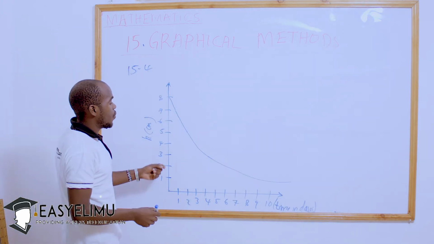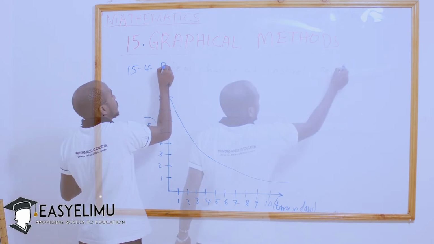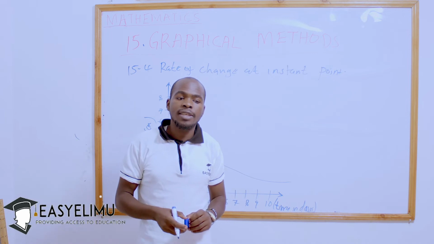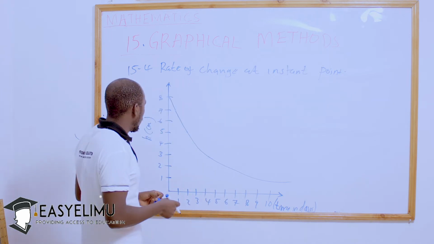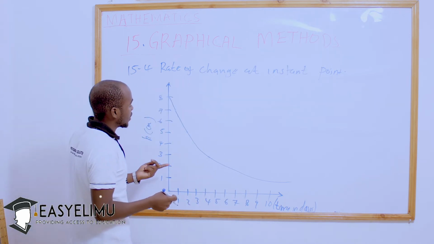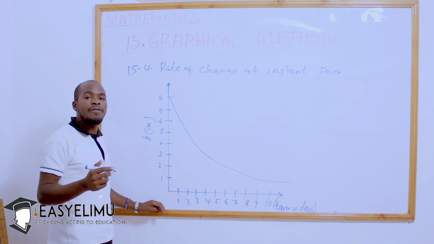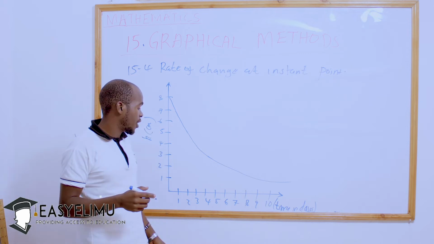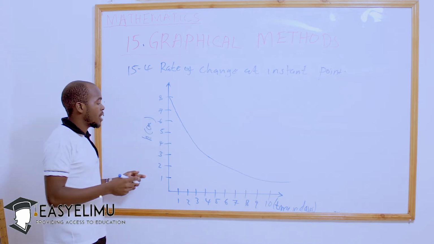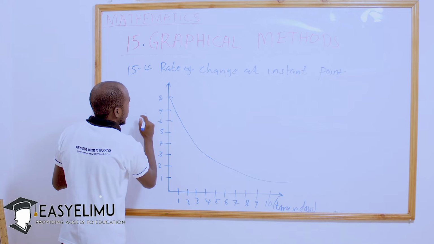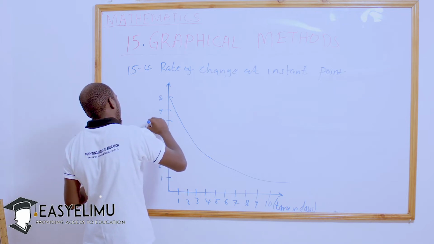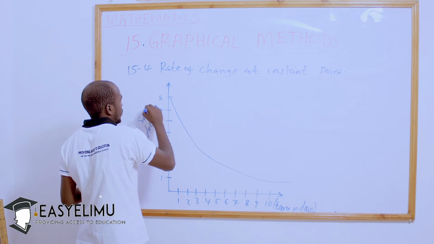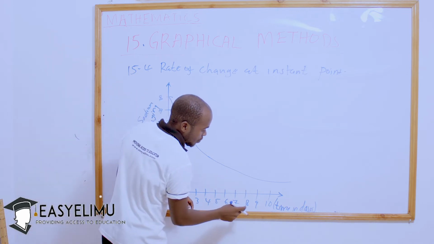So that one we shall view it here. If you have been asked to find the rate of change at an instant point, what we do is identify the point which you have been provided with. For example, this one is the decaying of sodium, and this one is the period of time.